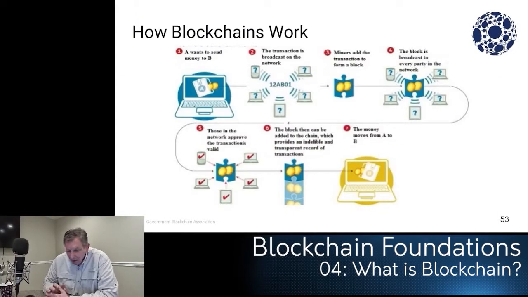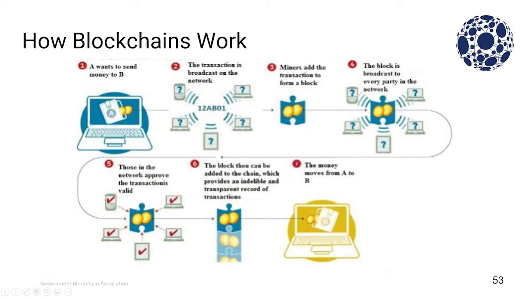All right, so if I want to send you a Bitcoin or a token using this particular protocol, I'll have a computer or a cell phone, I'll have a wallet on some electronic device. Let's say I want to send you 1 Bitcoin. What I do is I broadcast that out to the network. In this particular case, I would broadcast that out to a bunch of miners.